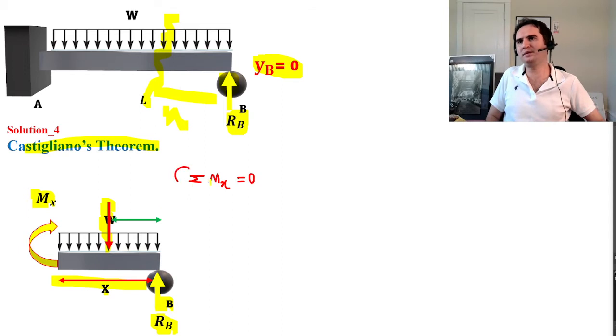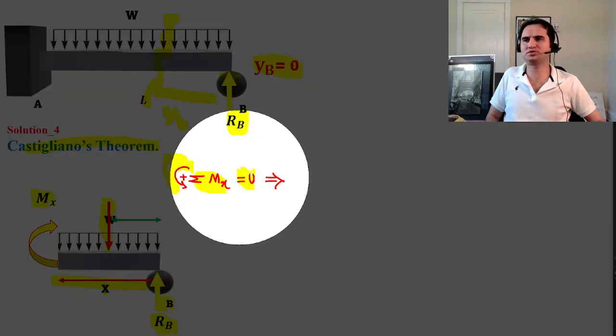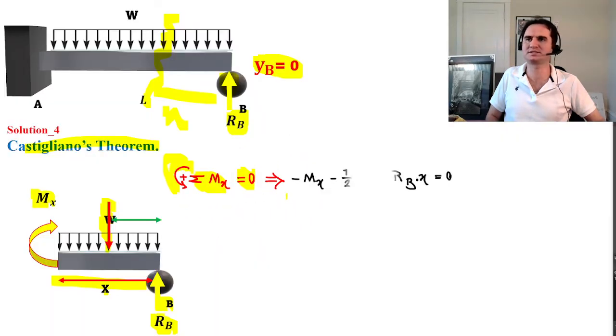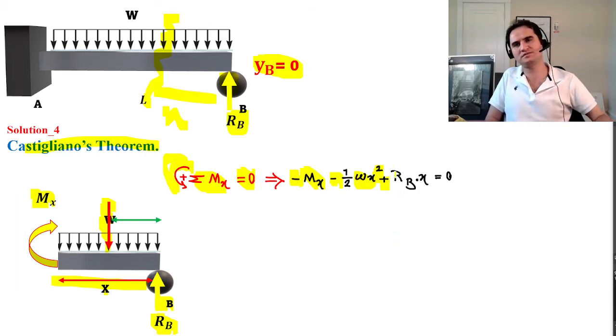If we develop the moment equation about x, considering counterclockwise as the positive direction, then the sum of moments equals 0. The distributed load contributes a clockwise, negative term, wx times x over 2, which is a half of wx squared, plus RB, which is counterclockwise and therefore positive, RB times x, equal to 0.